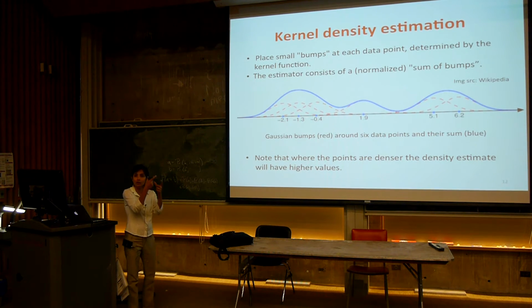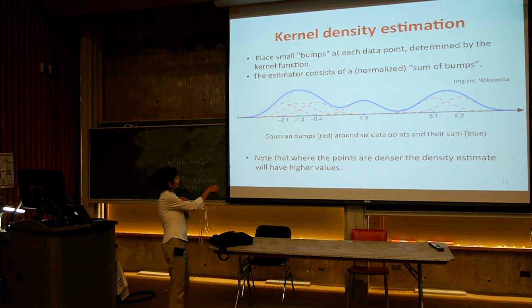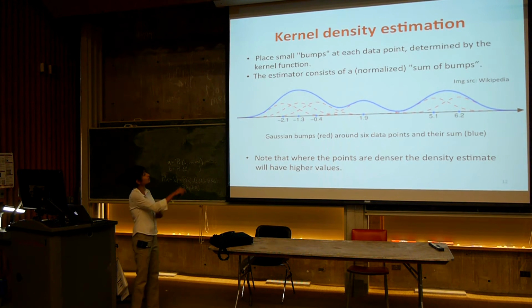At each training point, you have your kernel, and you center it along that. And all you have to do, once you have placed these bumps, so I have one bump placed around -2.1, another bump placed around -1.3, these are all my training points, you have one bump around each training point, and then you just add them up. That gives you this blue line, and that gives you p hat of x for any x you choose.